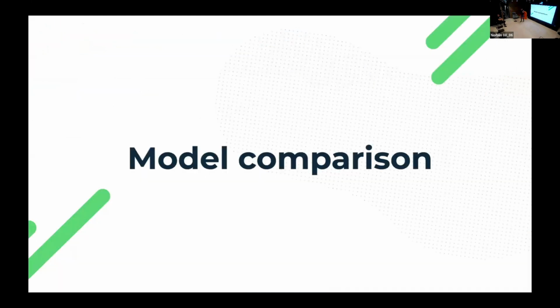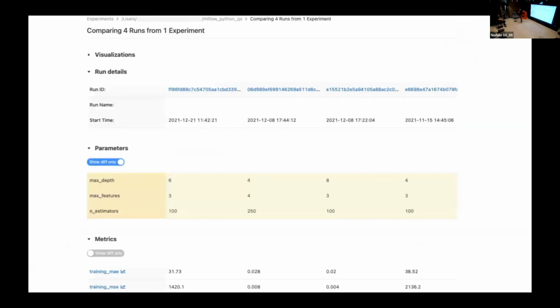But speaking of the runs themselves, so far you know that you can store runs and models and metrics in MLflow. But it would be great if you could find a way to compare them. And MLflow gives you exactly that.